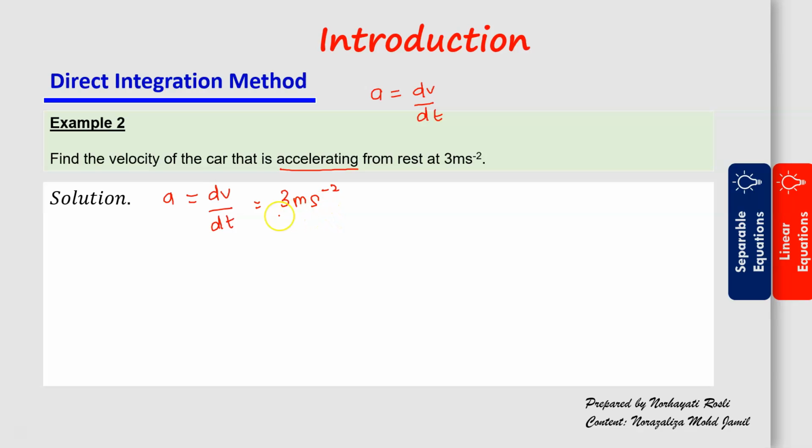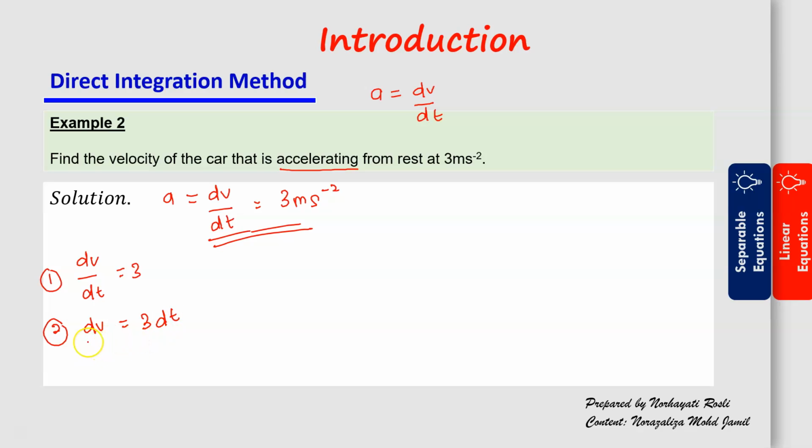In this case, when we want to find the velocity, it means that you need to solve this equation. Initially I have dv/dt equal to 3. To solve this, step number 2, I can write dv equal to 3 dt.